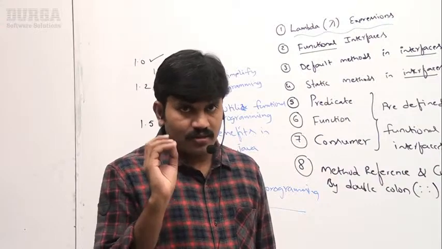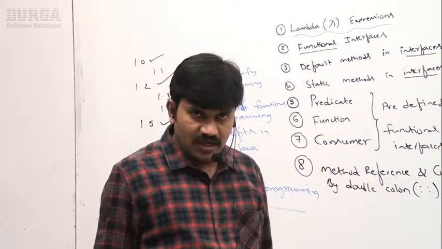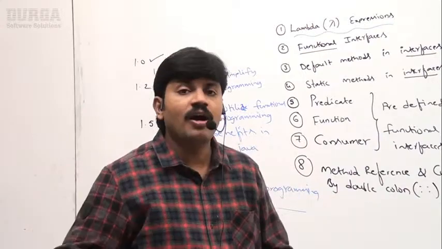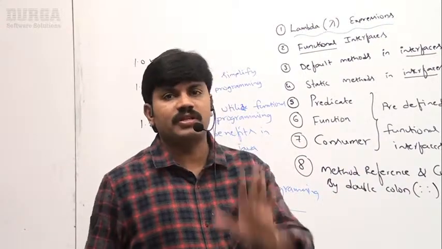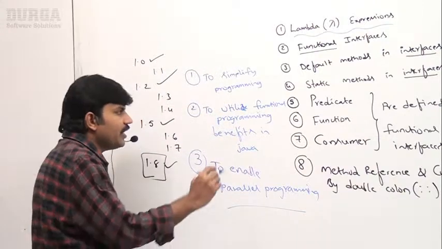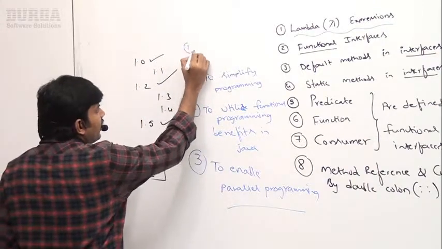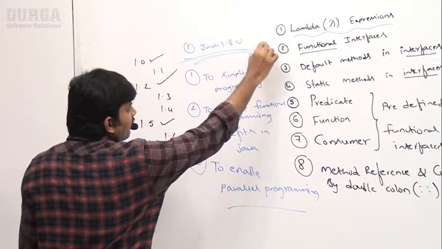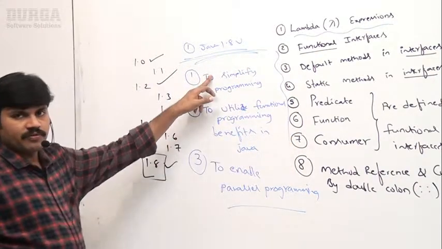So, what various new features are there in Java? And after that, what is the main intention of the Java 1.8 version? Remember, the important intentions of the Java 1.8 version, sir, what are their objectives? To simplify programming.